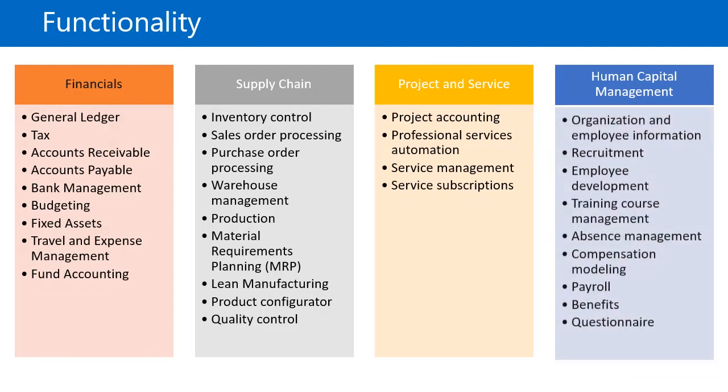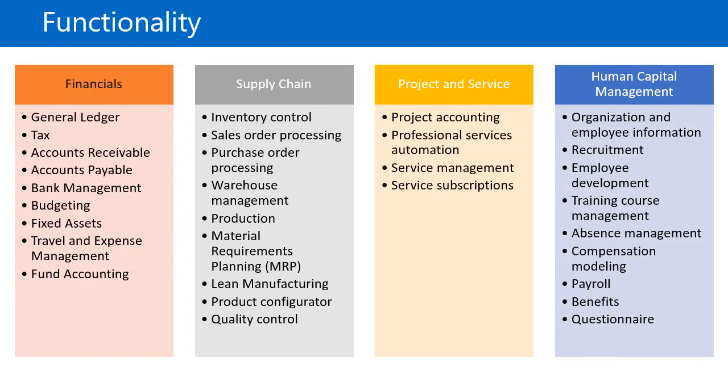Some of the basic capabilities of the human resource management functionalities include organization and employee information, recruitment, employee development, training course management, absentee management, even compensation modeling, payroll, benefits, and questionnaire management.